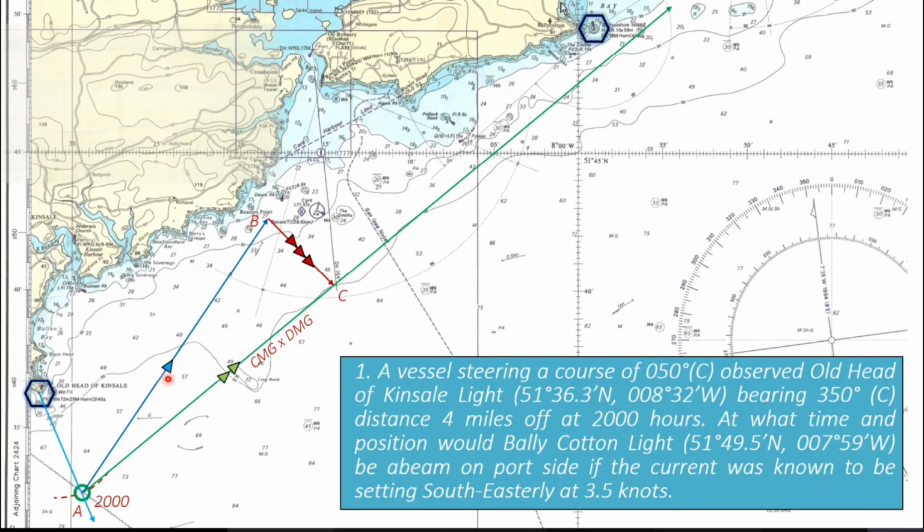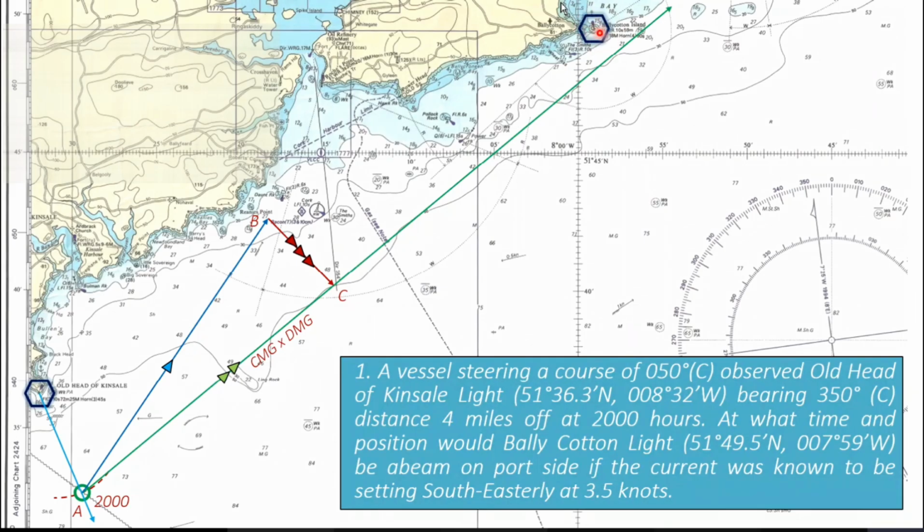So since we know our course steered, we can also find out the beam bearing of the Belly Cotton light. Whatever course steered we got, minus 90 degrees would give us the beam bearing of the Belly Cotton light.